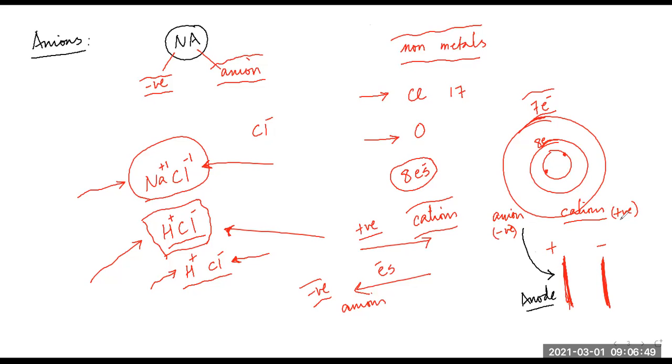And the cations, positively charged particles, will always get attracted towards the negatively charged electrode, known as cathode. So in a nutshell, we again revise. Anions are negatively charged particles, cations are positively charged particles. Cations get attracted towards the cathode, the negatively charged electrode.